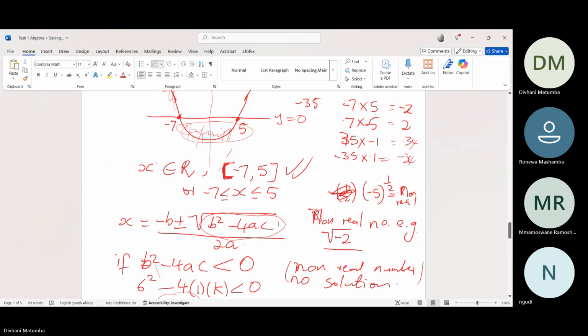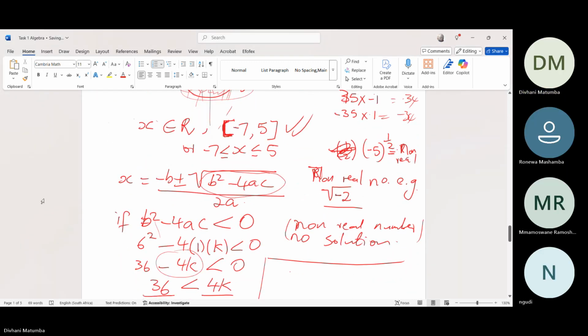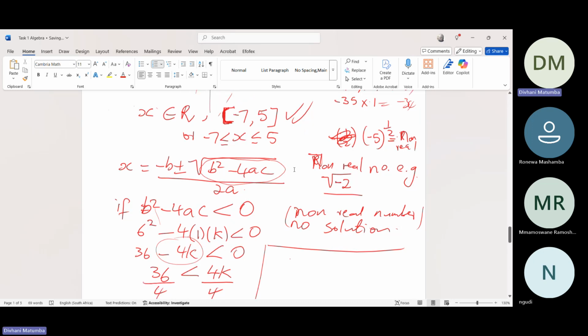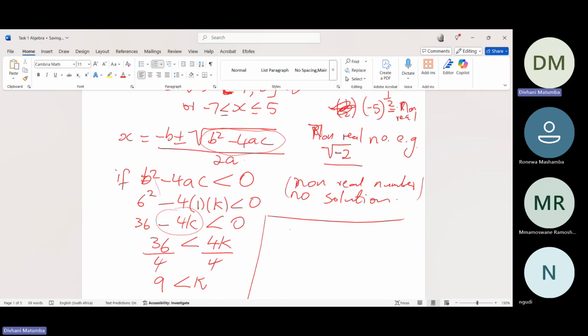So if we have the following conditions of your quadratic function, minus b plus or minus the square root of b squared minus 4ac, it means in order for you to have a non-real number, whatever is under the square root must be less than what?